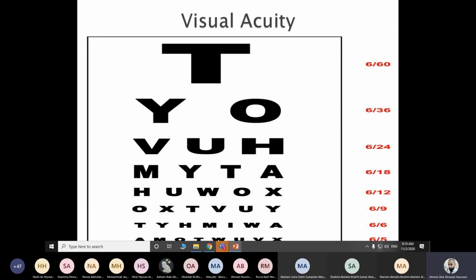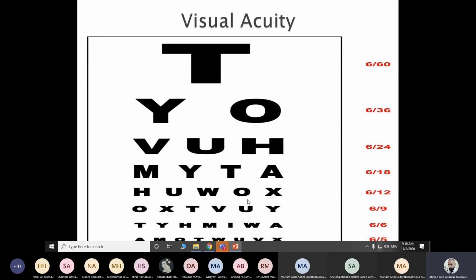Now simply, guys, what we will do is if the patient misses up to 3 letters or 3 signs in the same line, we would say 6 over 12 minus 1. It's not half a point, so we will subtract. So we will write 6 over 12 minus 1, if he couldn't appreciate the X, for example.